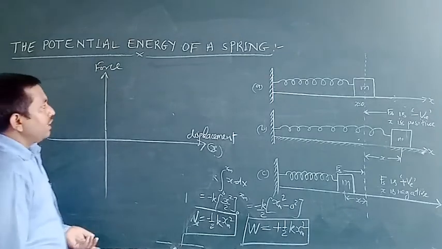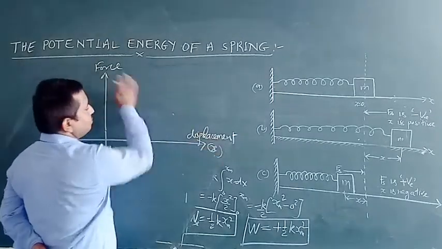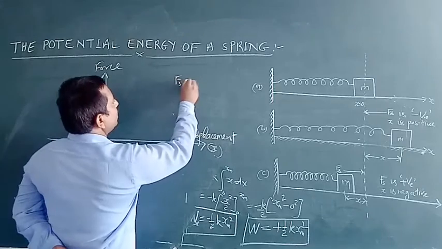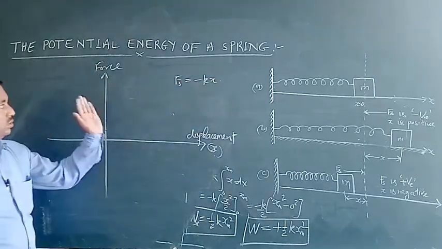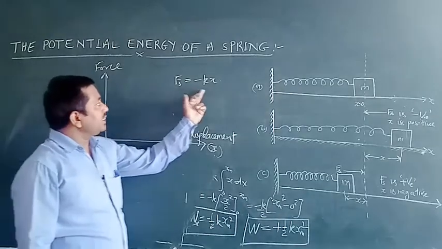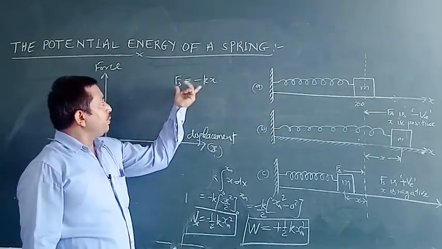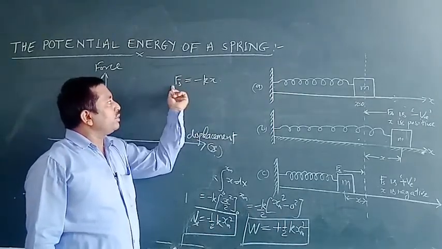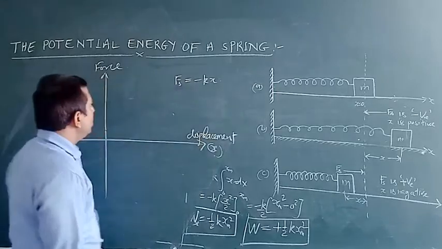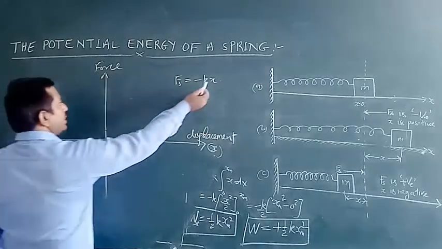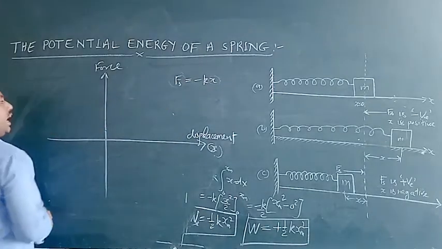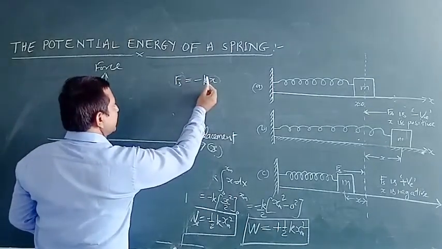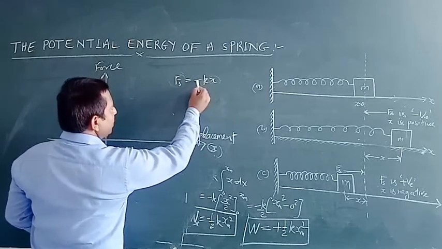So as we know that the relation between the force and displacement is F equal to minus kx. So if we plot a graph for this equation, this is an equation of a line. As we are seeing, when x is positive, then Fs is negative, and if we take x as negative, then negative of negative becomes positive.